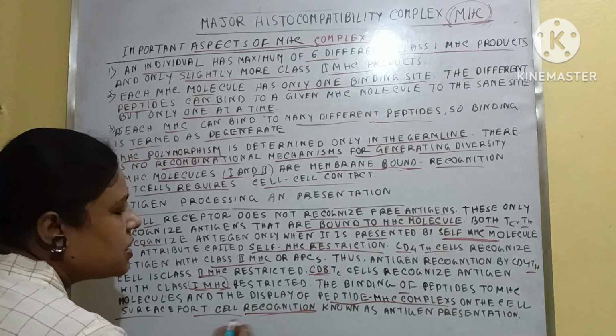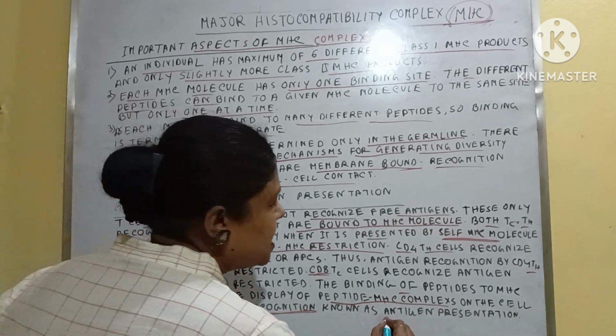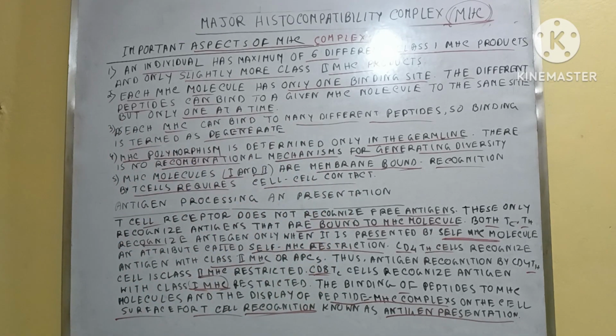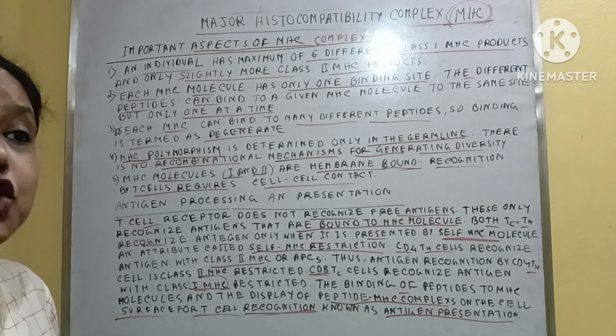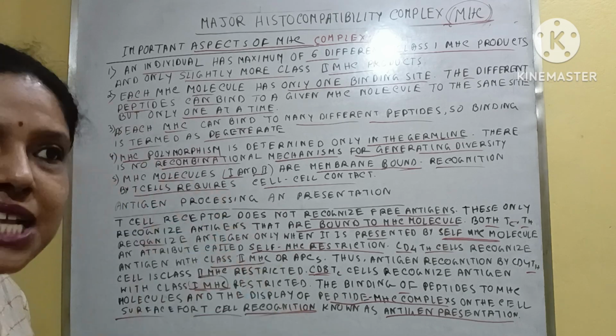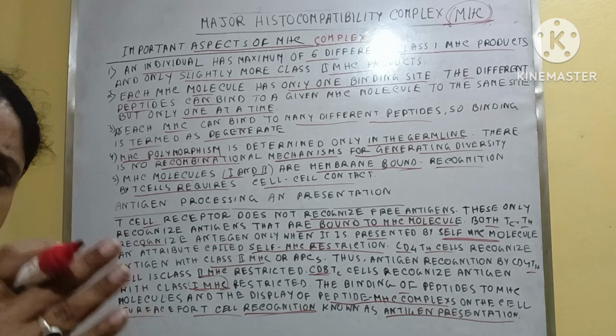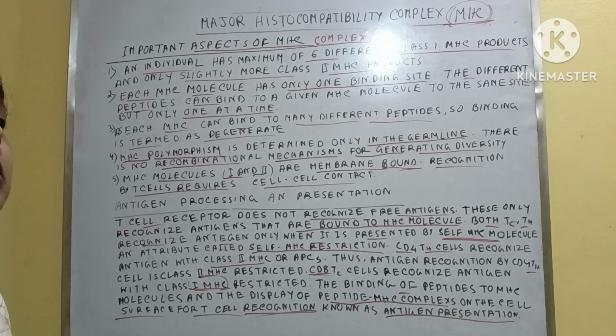That means the antigen is presented with the MHC complex to the TC cells or TH cells, and then it is recognized by them, after which the function of the T cells begins.